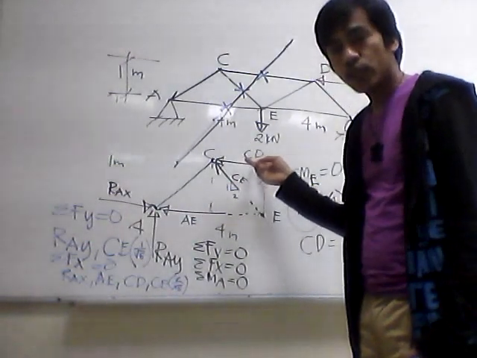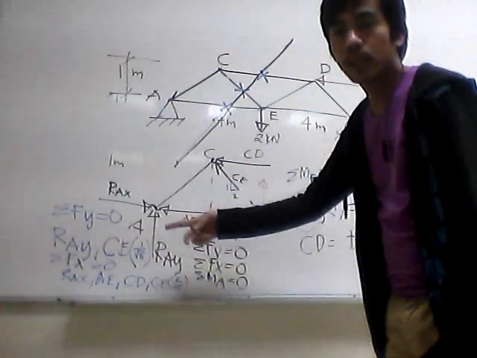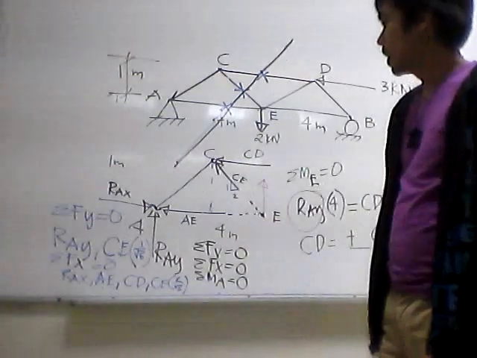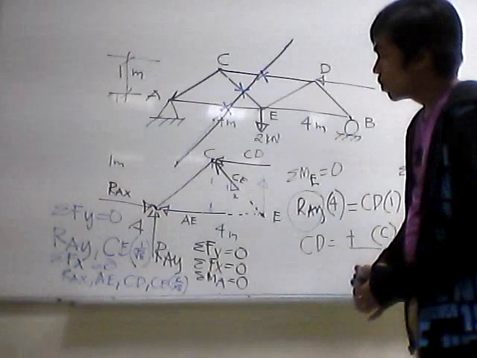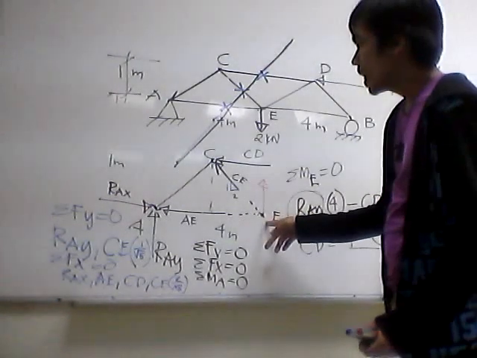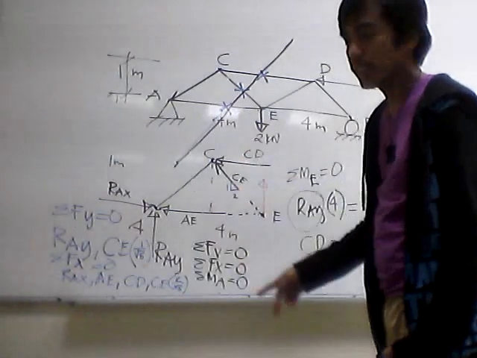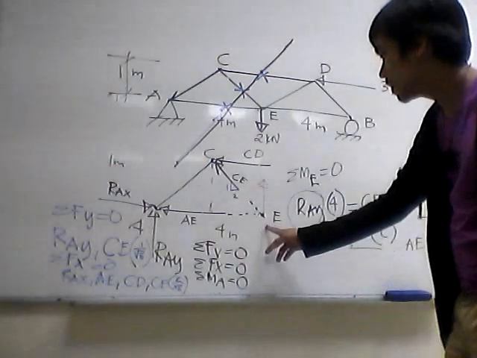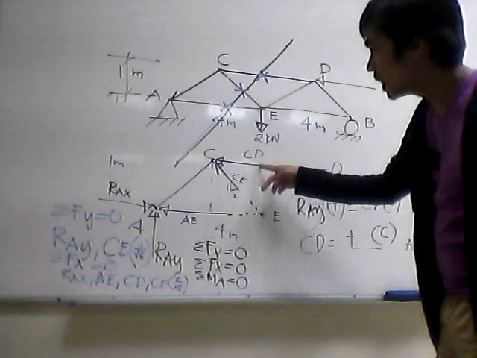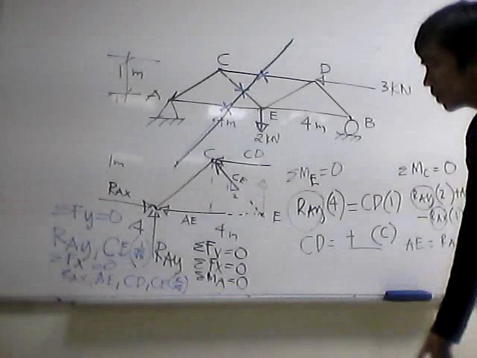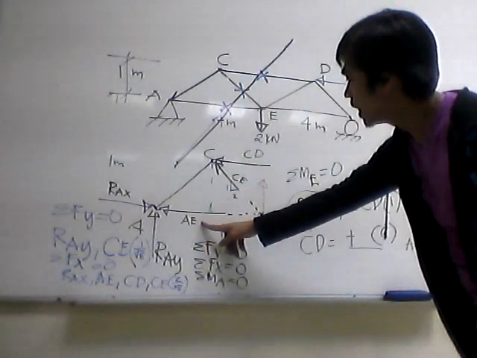Then we assume directions for the unknown member forces, whether tension or compression. Then start by taking summation of moment at the joint wherein you can solve for any unknown member force. In this case, we take summation of moment at E, solving for CD. Then we take summation of moment at C, solving for AE.